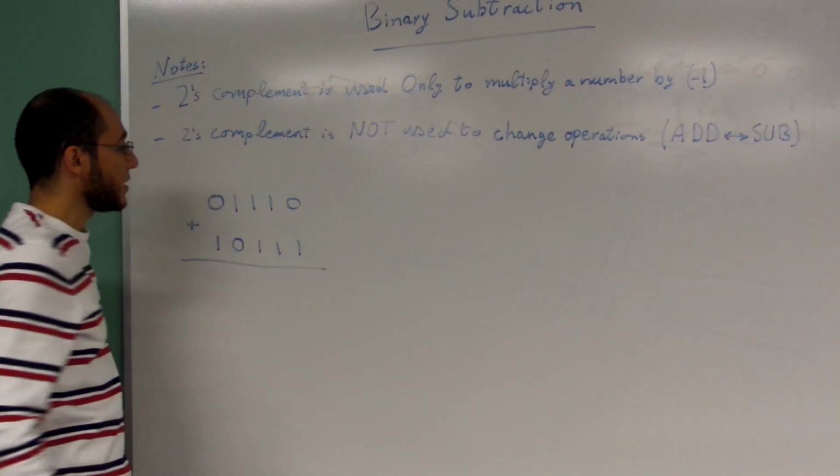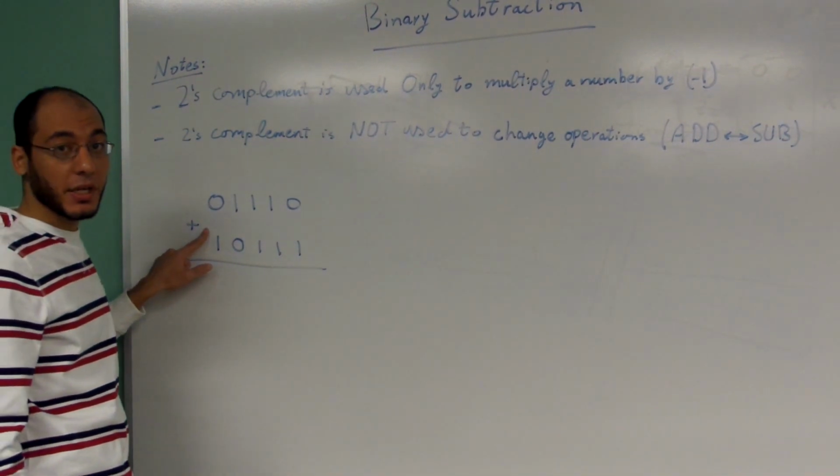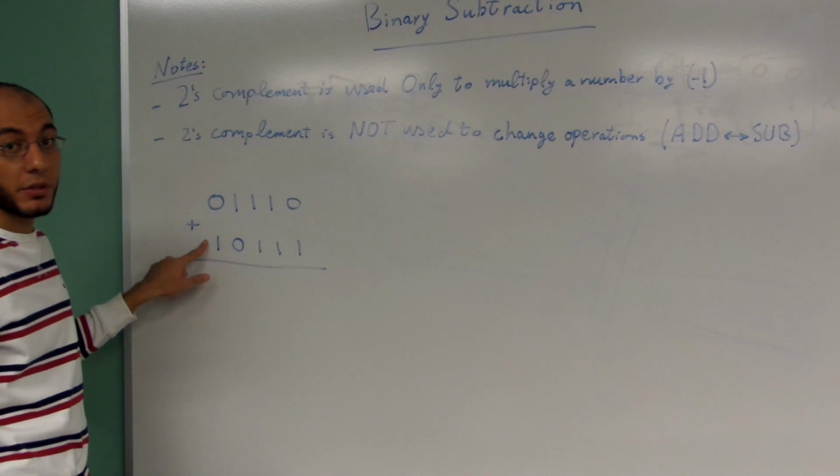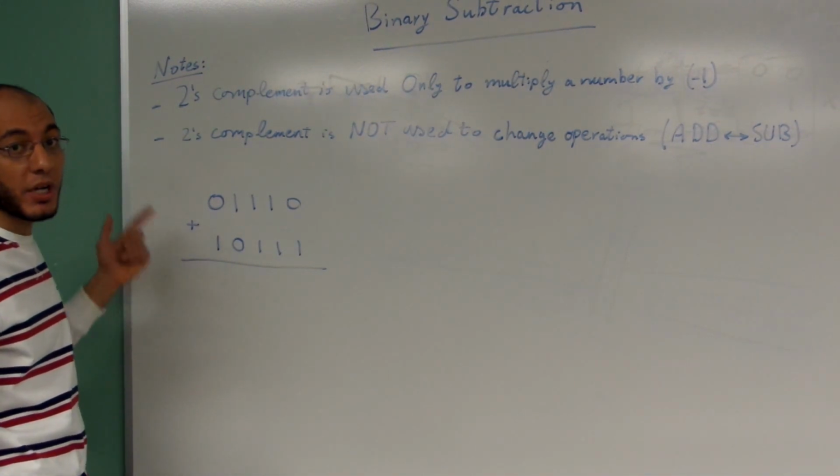Since this is an addition operation, even if this number is a negative number, we do not care. Why do we need to convert this number to a 2's complement? We do not have to.